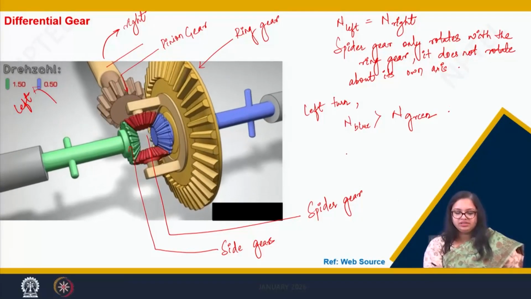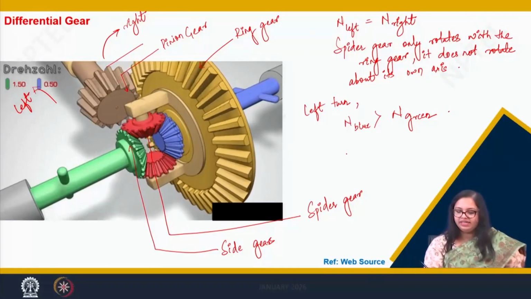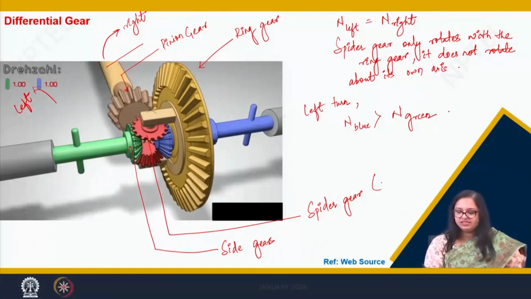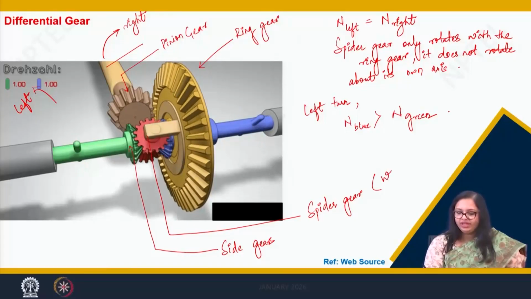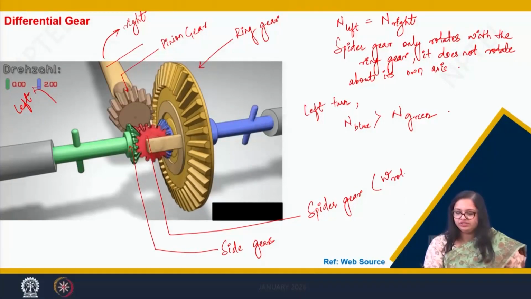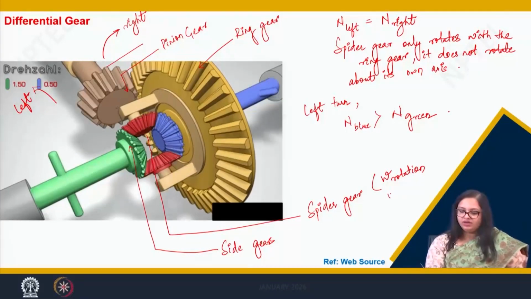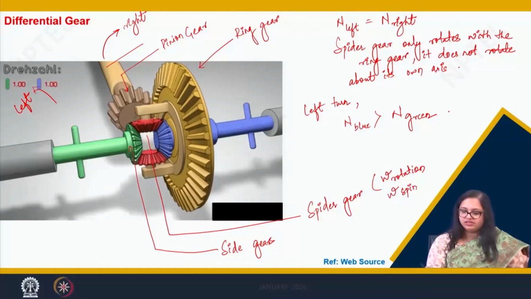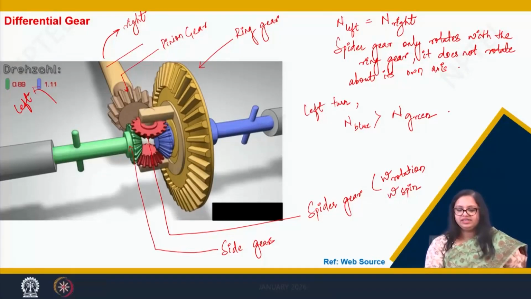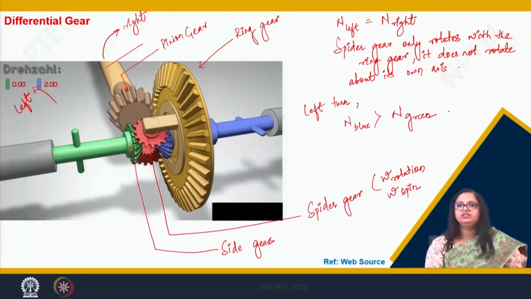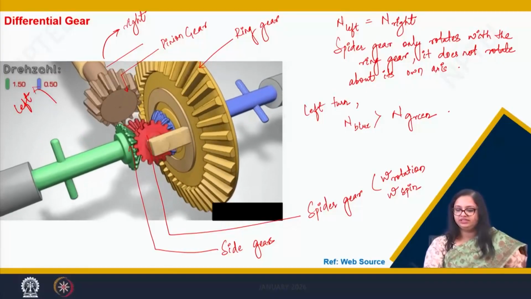Here the spider gear has omega rotation, that is along its own axis, and omega spin, that is spinning along with the ring gear.